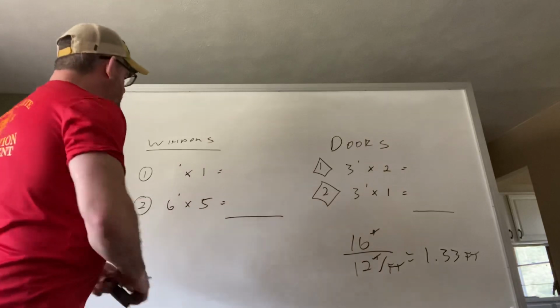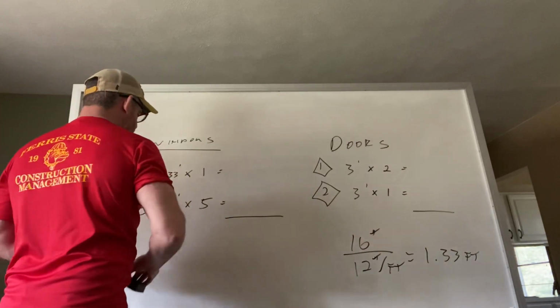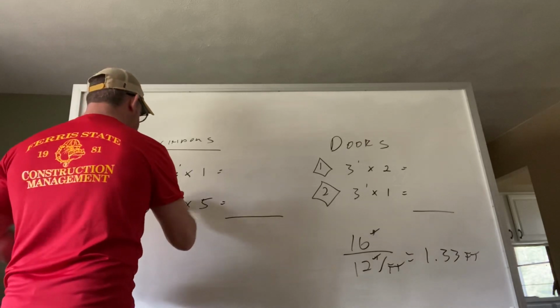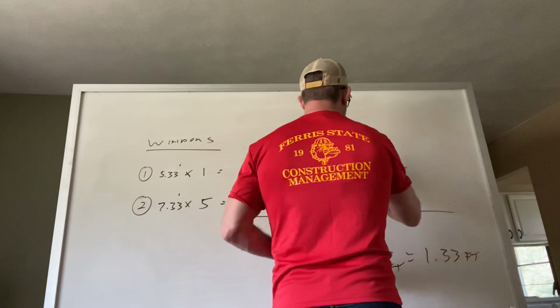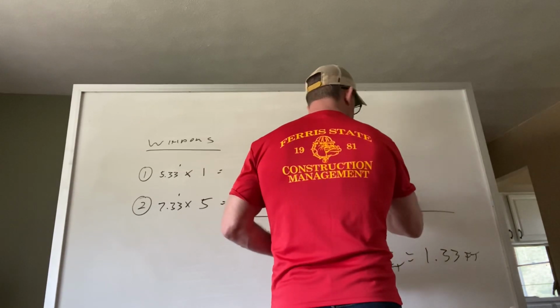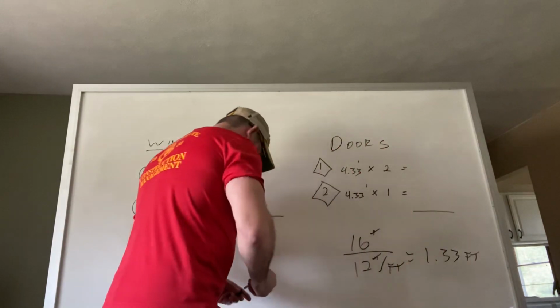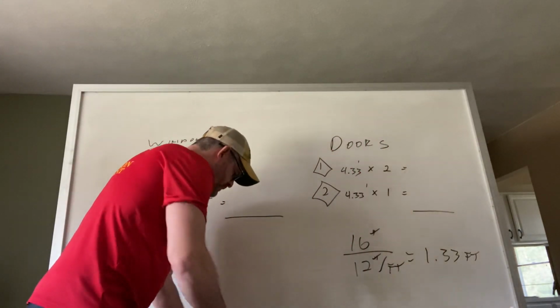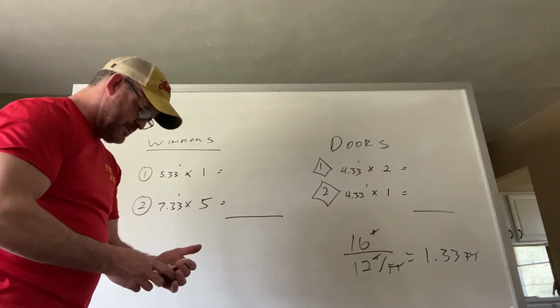So 4 plus 1.33 is going to give us 5.33. 6 plus 1.33 is going to give us 7.33. 3 plus 1.33 is going to give us 4.33. 3 plus 1.33, 4.33. So we add that to each one of our openings.